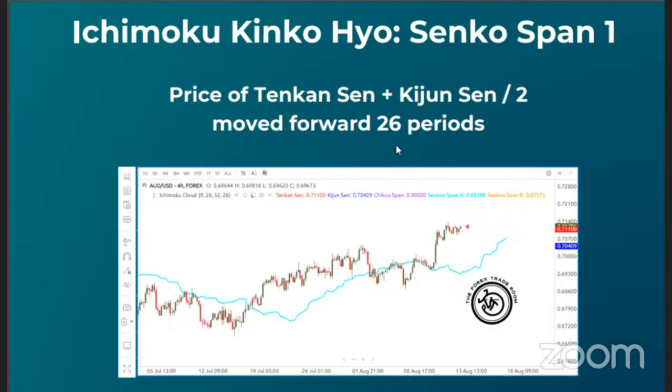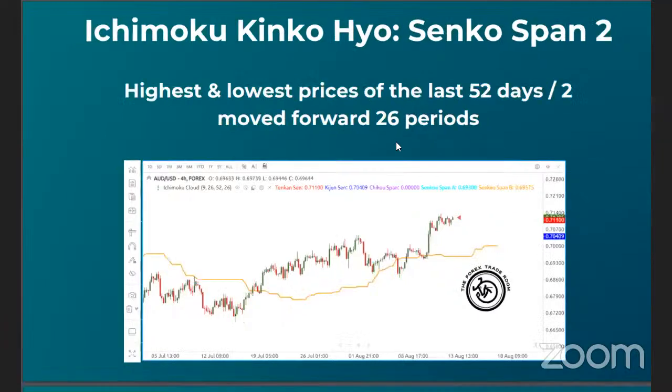So that's that. Now we look at what we call this orange line here, the Senkou Span 2. The fifth line is the highest and the lowest price of the last 52 days, another base number, divided by 2, and moved forward 26 periods.